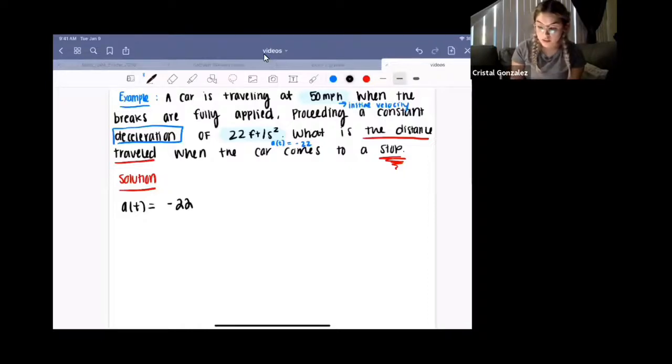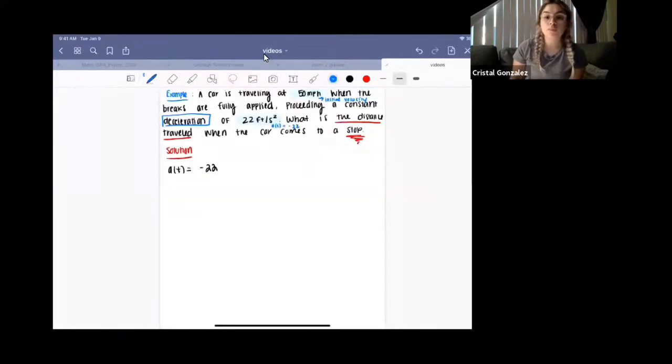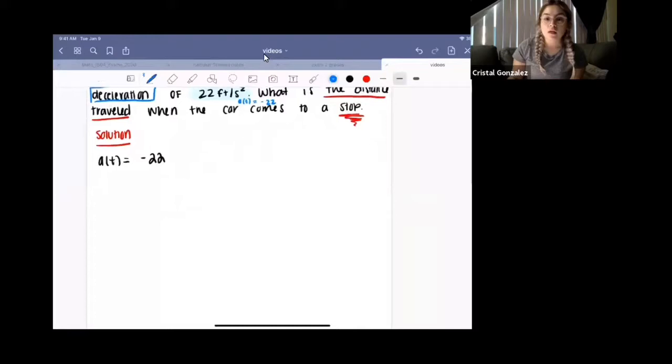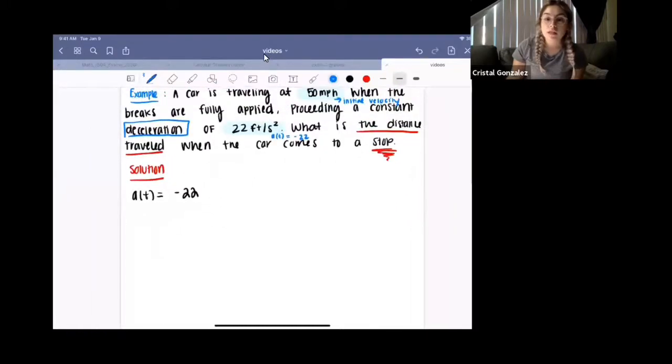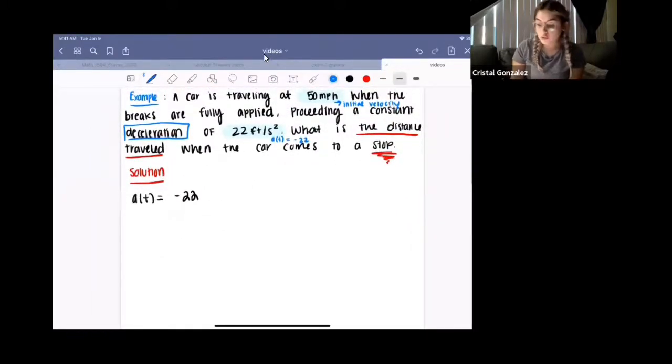But that's not all we know. Let's see what else is given. This was given to us, a of t is equal to -22. What else was given to us? Looks like they also gave us the initial velocity. Remember that initial conditions can help us find the constants after we take the antiderivative.